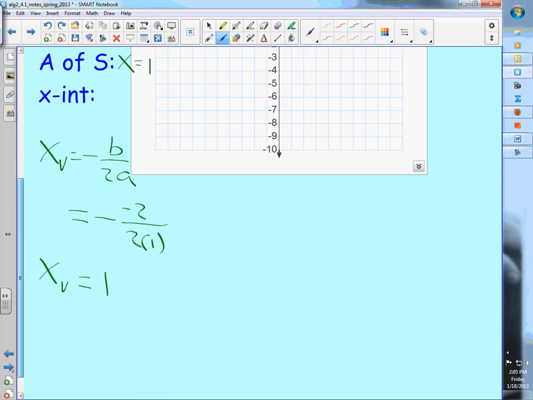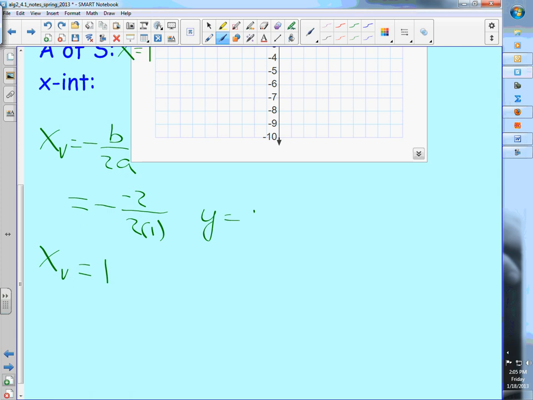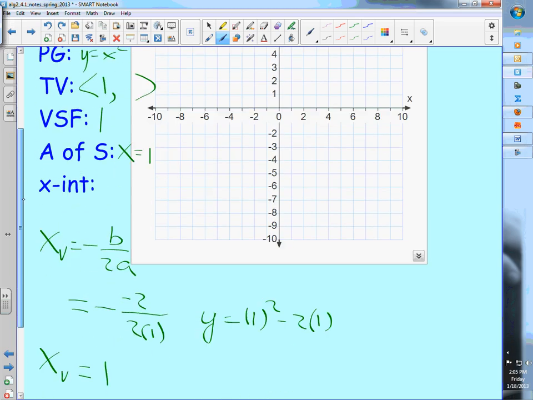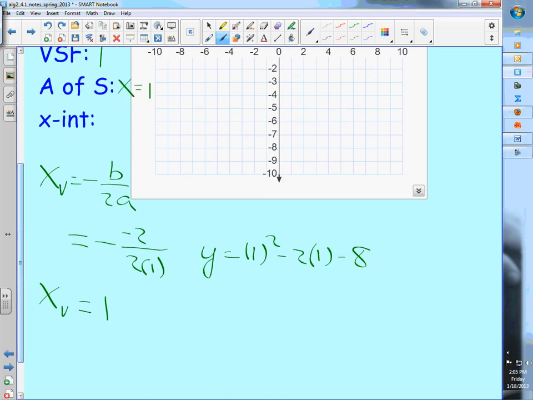Write it down. y is equal to 1 squared minus 2 times 1 minus 8. And again, I'm not trying to convince you that you can't do it in your head, but if you don't do it like this every time, when you need to do it, and you're only working in your head, you're going to screw it up. 1 minus 2 minus 8.